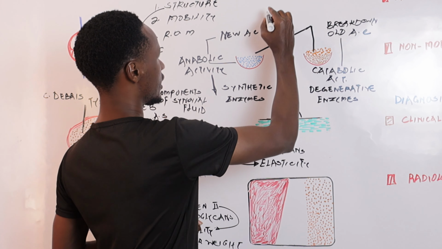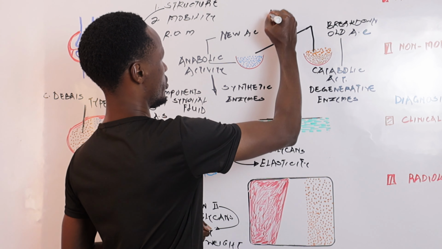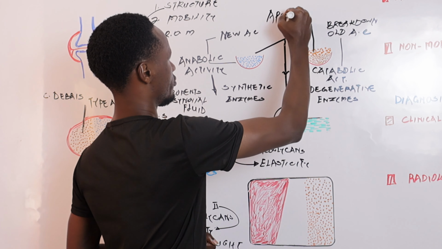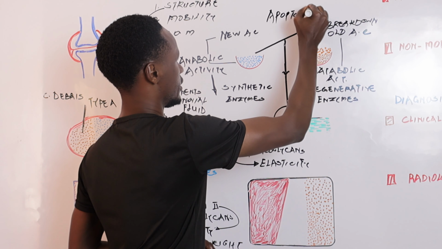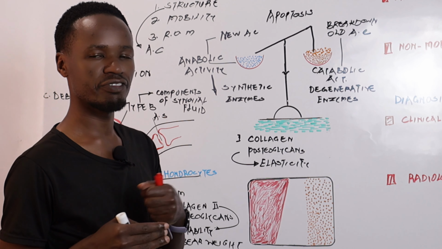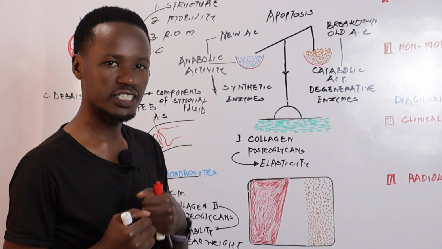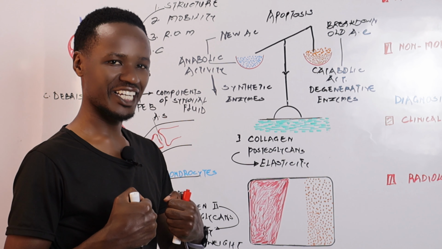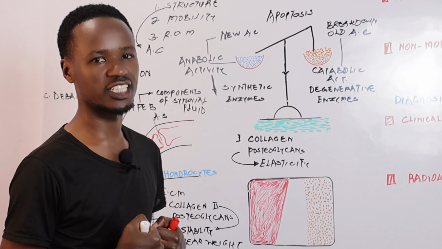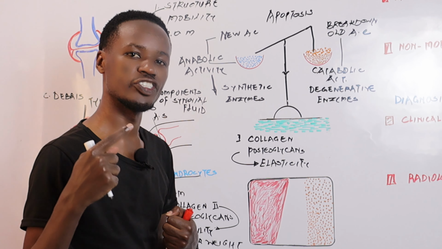So the articular cartilage is going to die through the process of apoptosis, and from there, because of this erosion, the bones that are making up a joint start making contact with each other, and the joint space that was there starts reducing.